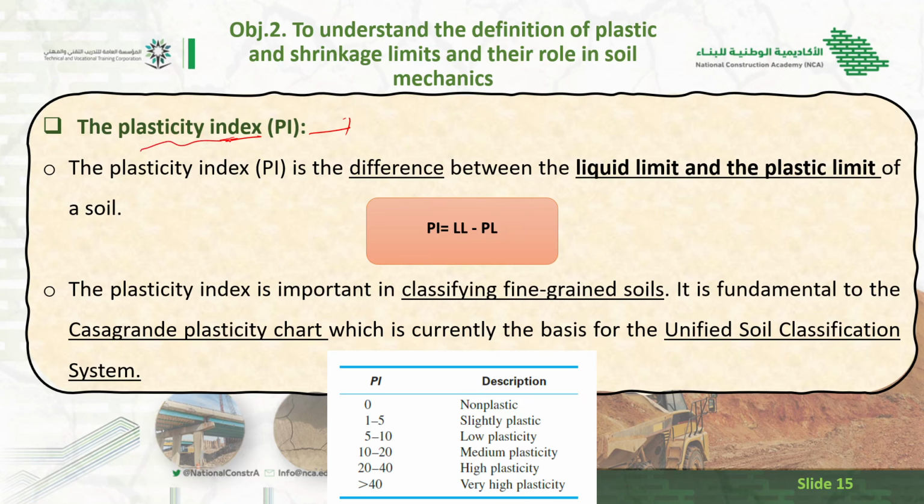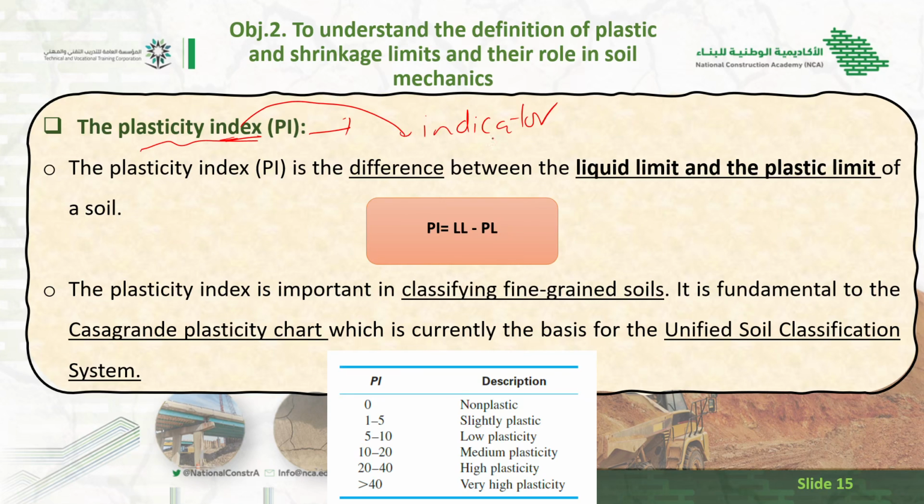So what does plasticity index mean here? Plastic index or PI is simply the range of water content where the soil behaves like a plastic material, meaning it can be molded without breaking or crumbling. What does it mean? Index is like an indicator. In cars, if you want to turn left, you click on the indicator, so it shows the indicator.